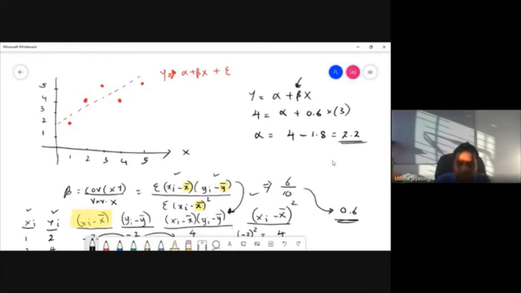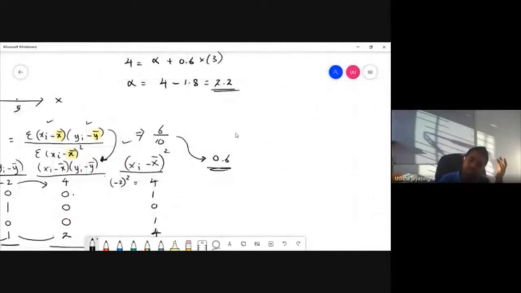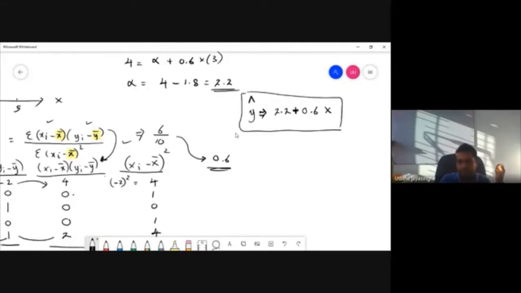Now with the error term, we don't know the error yet. We can define this equation as y equals, now alpha is 2.2 plus beta is 0.6 times x. If I just use the wording y hat, I don't have to write the epsilon or the error term. If I just use y, I have to add the error term also. This is the equation I just compiled. This is the output of the regression.